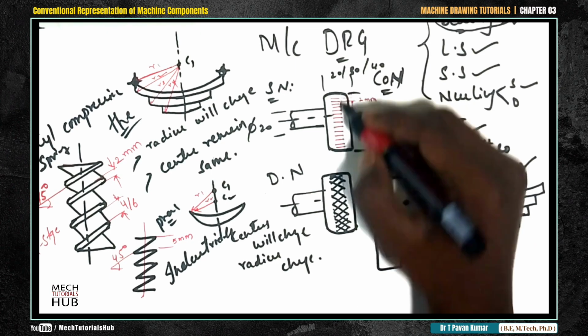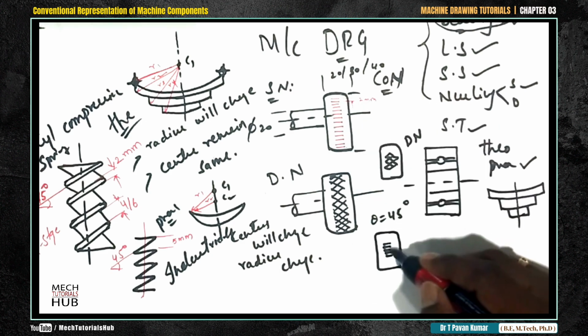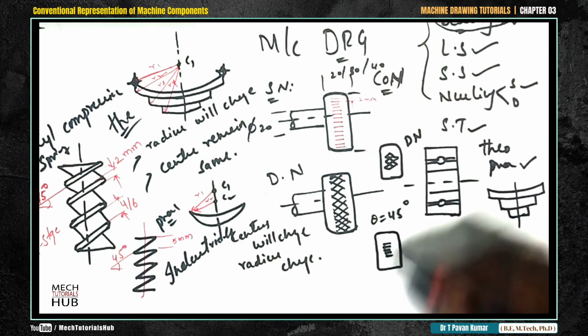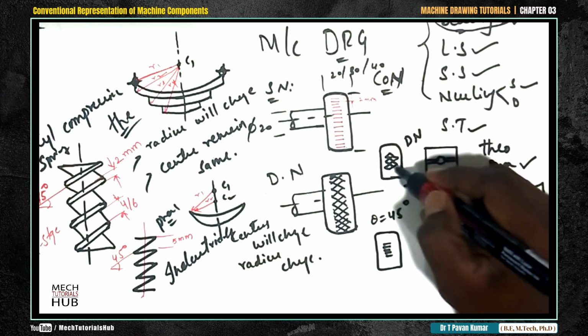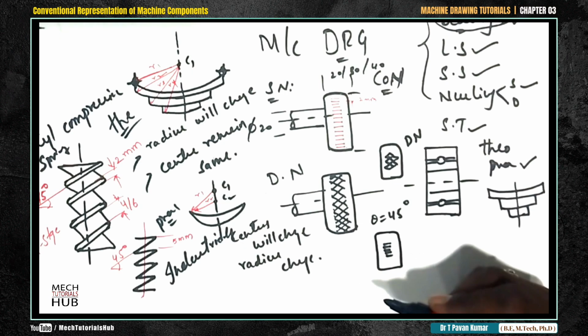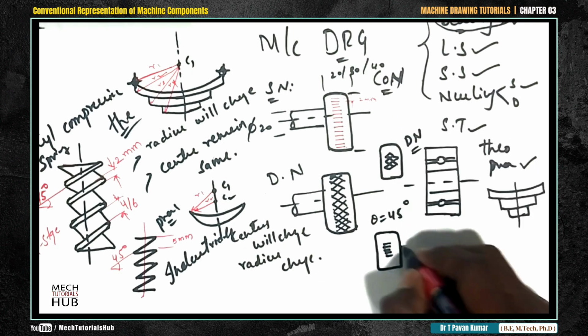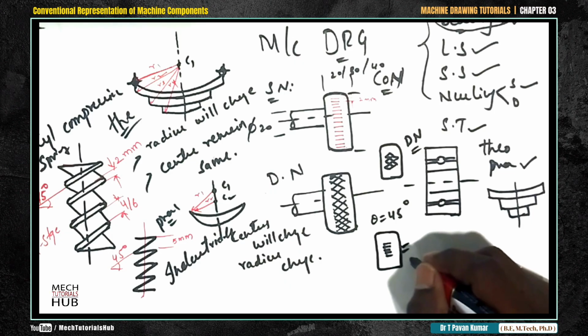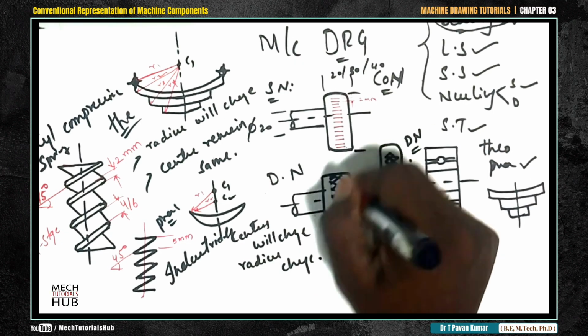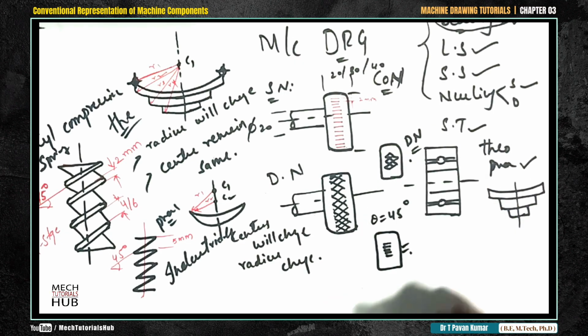That is enough. No need to draw from top to bottom. Only few lines are enough to represent a straight knurl. Few diamond boxes are enough to represent a diamond knurling. These two are the conventional representation of straight knurling and diamond knurling, the practical representation of straight and diamond knurlings.